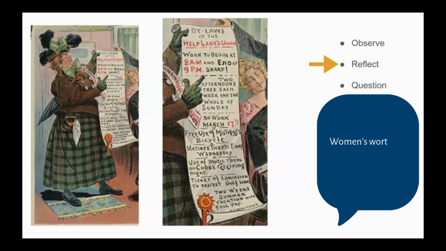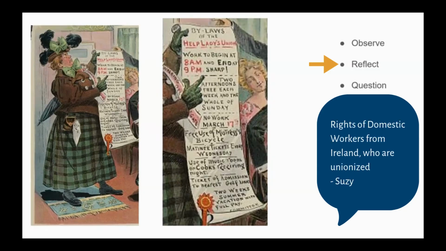Women's worth. And while we're thinking about this, what other questions come up? Is there anything that you're wondering about that you'd like to learn more about? Once I show you the whole cartoon in a moment, that should give you some more ideas. Rights of domestic workers from Ireland who are unionized.